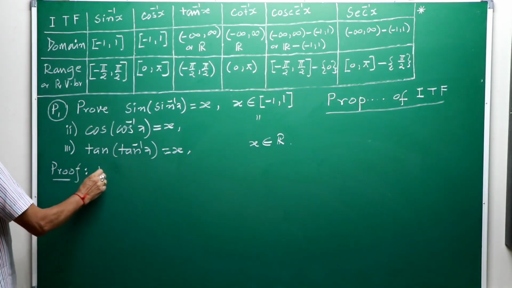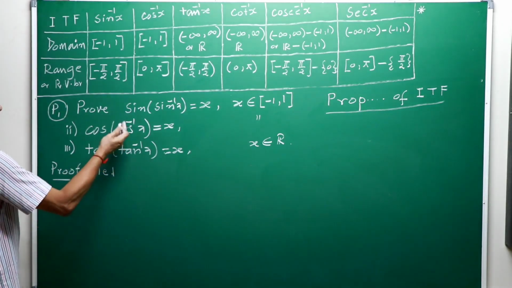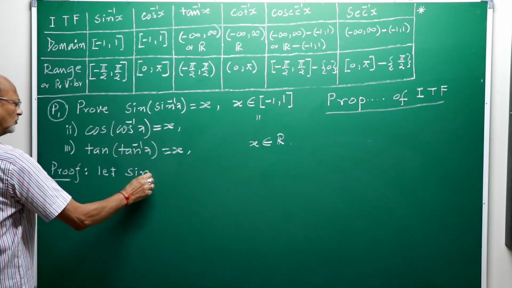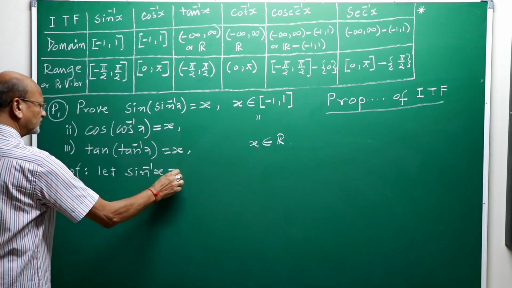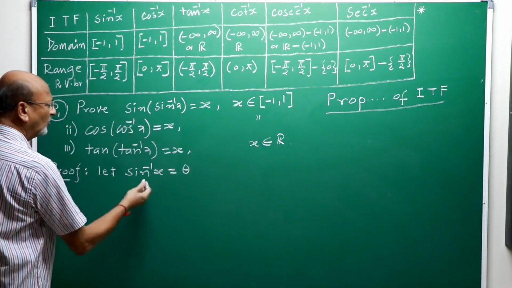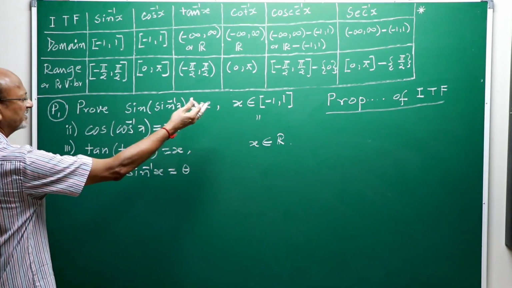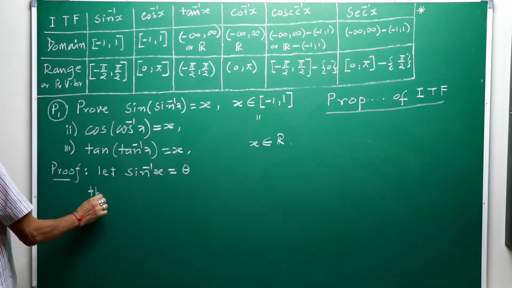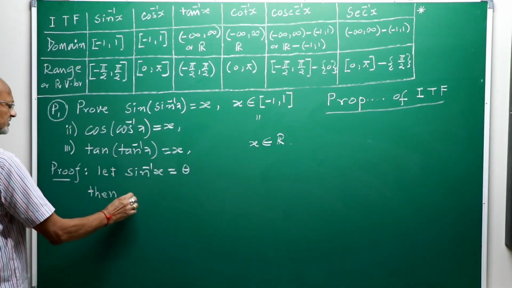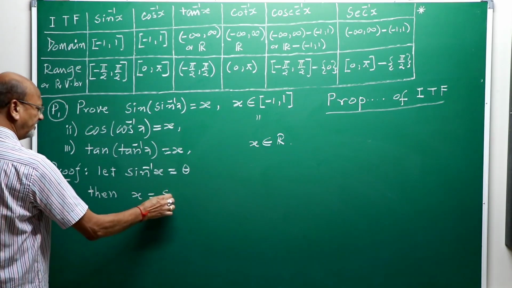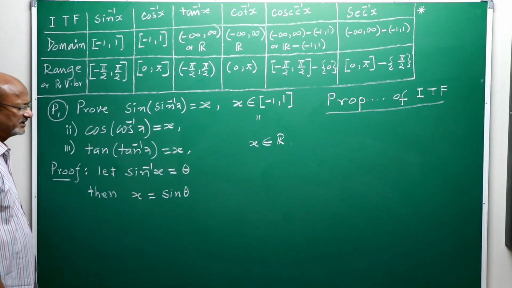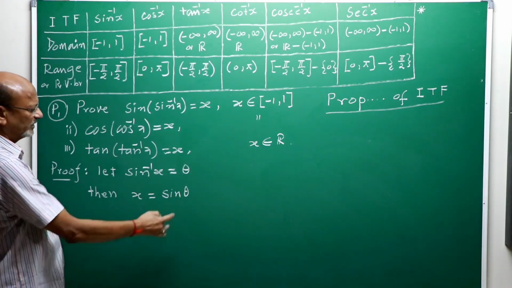DIY. Friends, let's say in this case, let sine inverse x equal theta. Your x is well inside the domain. Then by definition, x equals sine theta. Tell me, friends, what is theta?